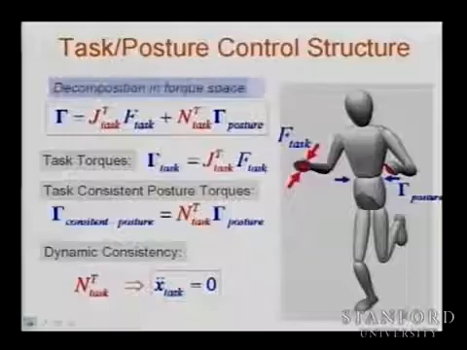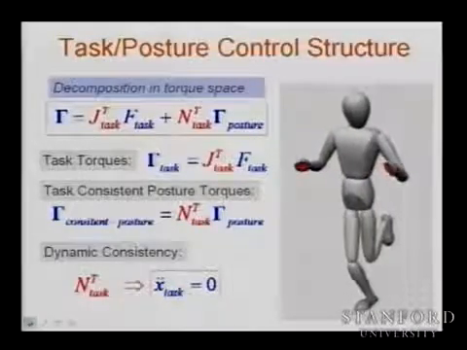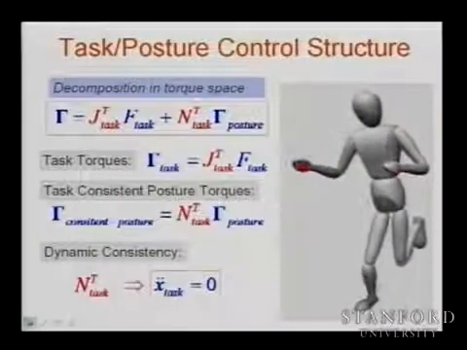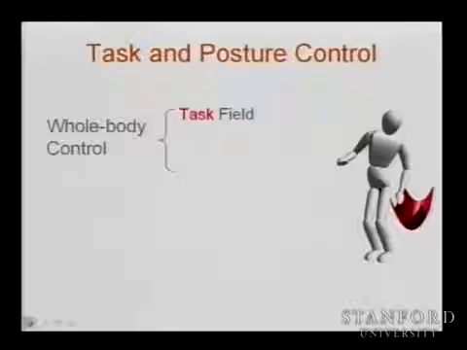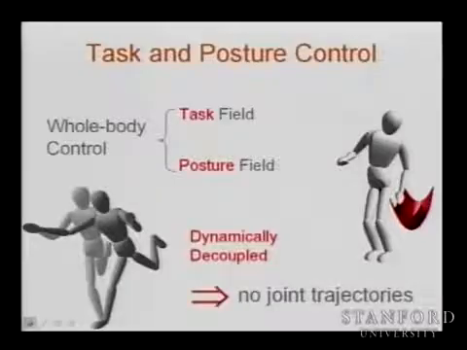And that means when we move in the posture space, these points will be fixed. And that is very, very important. And once you have this decoupling, then you can control the system in a very effective way. So the control of the whole body is task force to control the task, posture force to control the posture, and the two are decoupled, so you can generate motions without any trajectory.